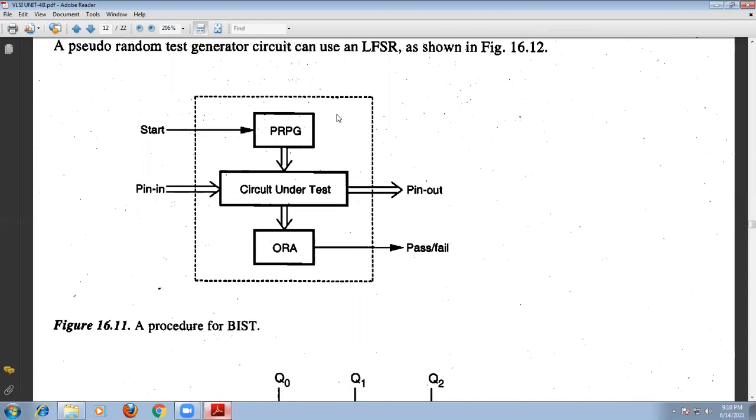First we go for the pseudo random pattern generator and its structure.